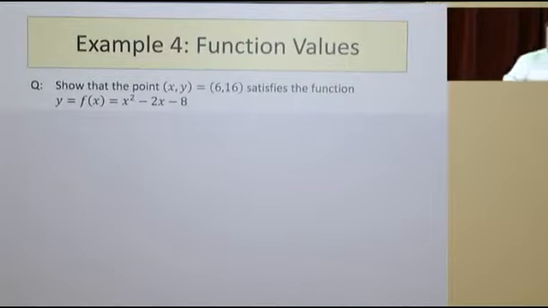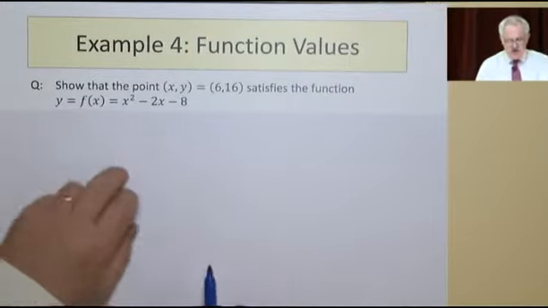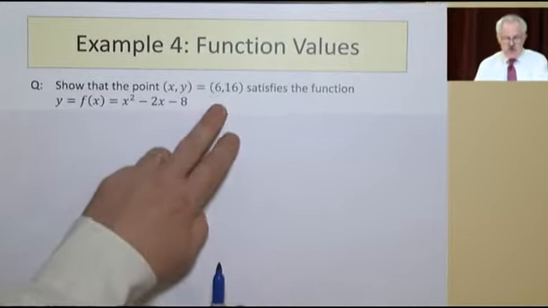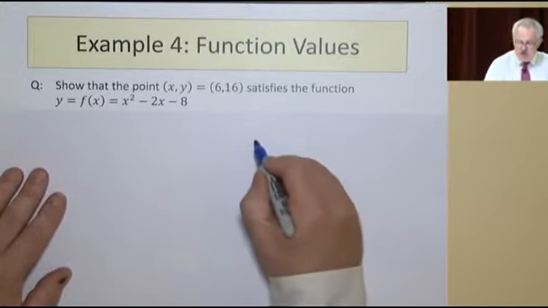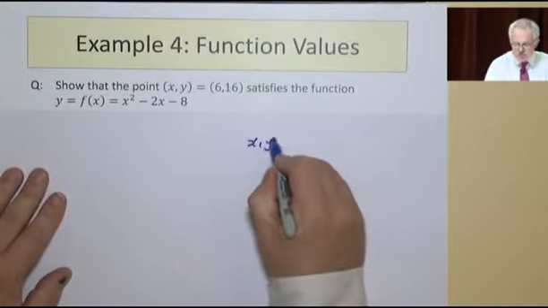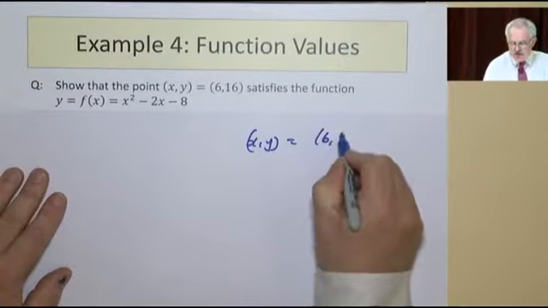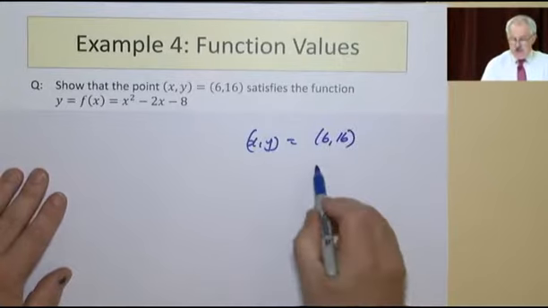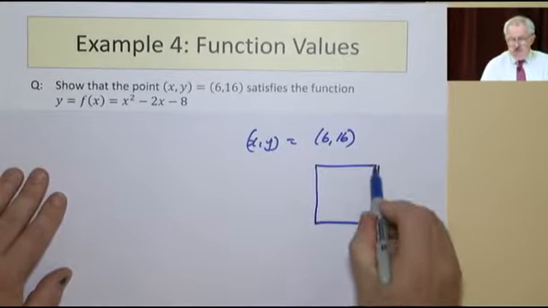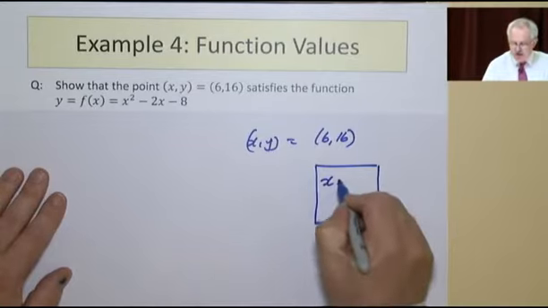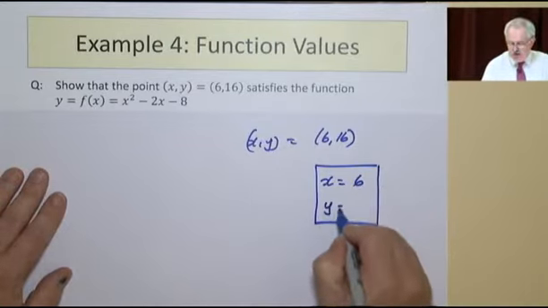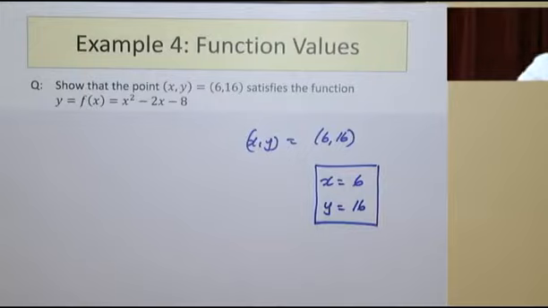So here we've got this equation that said f(x) is this, and we're to see if it satisfies the point (6, 16). Well, remember that (x, y) is (6, 16). So in sort of longhand, we're saying x is 6 and y is 16.